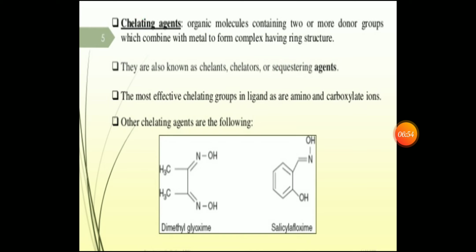They are also known as chelants, chelators or sequestering agents. The most effective chelating groups in ligands are the amino and carboxylate ions. These are the two groups. Examples of chelating agents are dimethyl glycine, where the two methyl groups, CH3, give the name dimethyl, on the glycine, and salicylofloxacin.